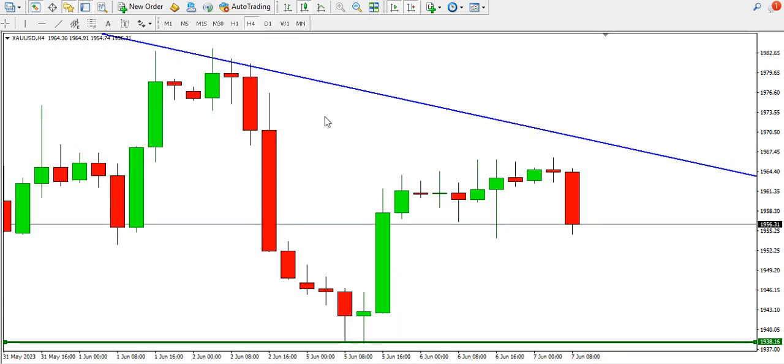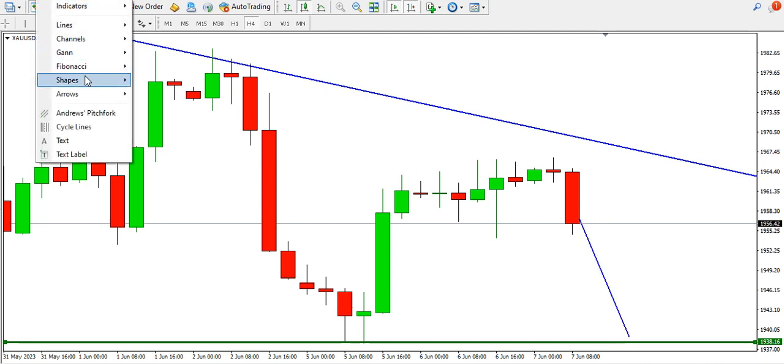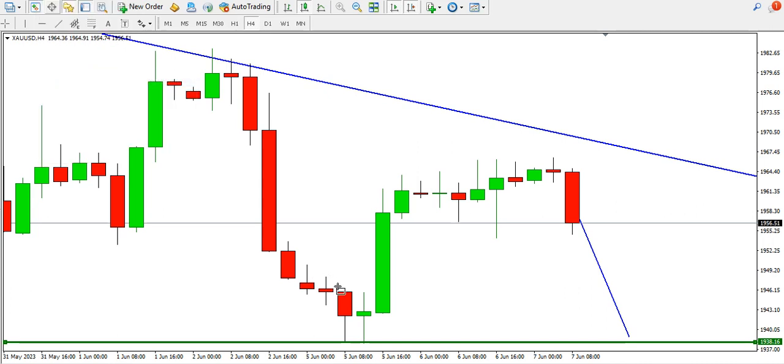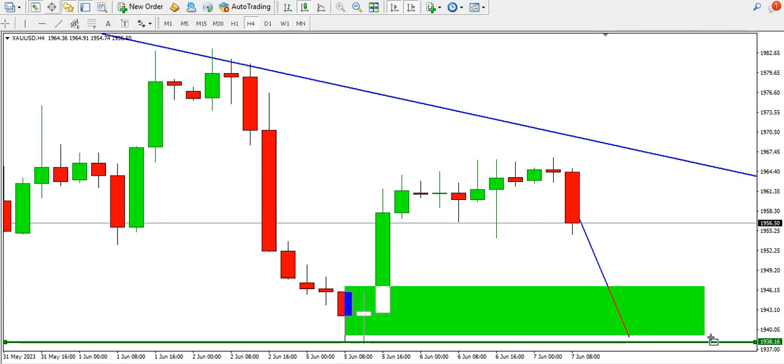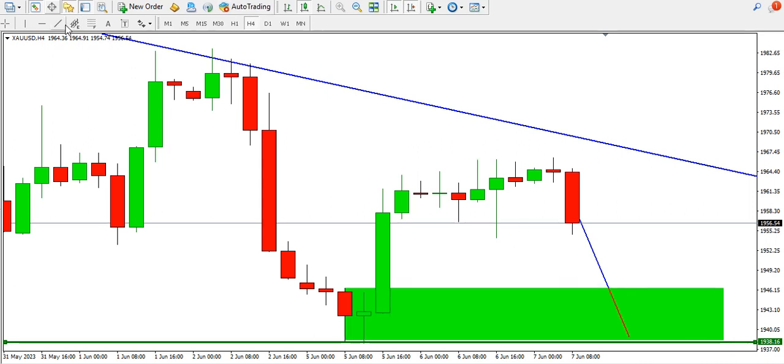On the 4-hour time frame, you can see that price has already formed a top, more like a swing high, and we might see price drop into this particular order block on the 4-hour time frame. I'm talking about this demand area. You might see price drop into that level before price finds some level of support.